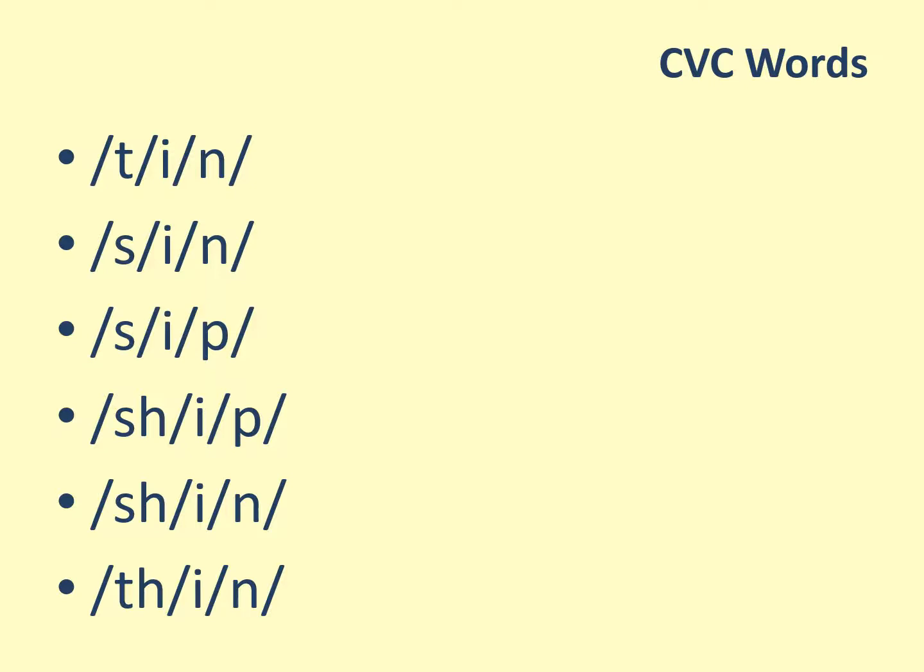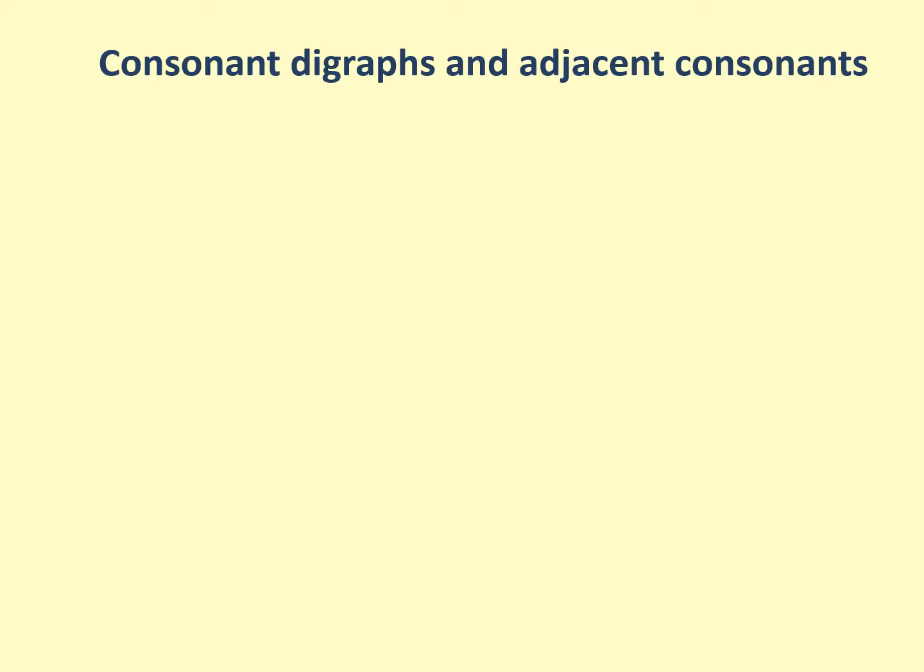But we can get more complex. So to move beyond CVC and to introduce extra consonants, then we need to be looking at the difference between consonant digraphs and adjacent consonants. For example, in the word "thin", if we segment that word orally, th, i, n, you have 3 phonemes.